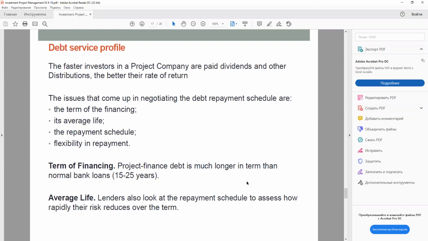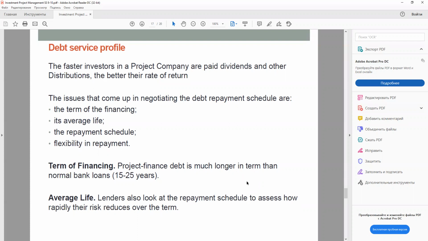The faster investors in a project company are paid dividends and other distributions, the better the rate of return. Investors, therefore, do not wish too much cash flow from operation of the project to be devoted to repayments to lenders at the expense of these distributions. Lenders, on the other hand, generally wish to be repaid as rapidly as possible.